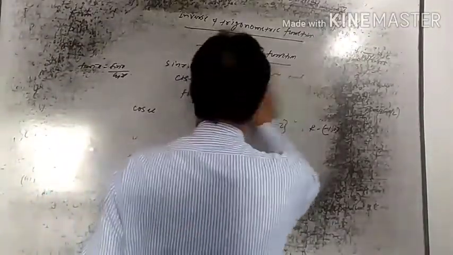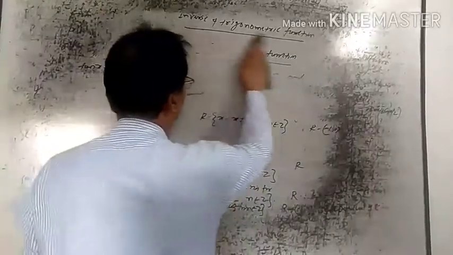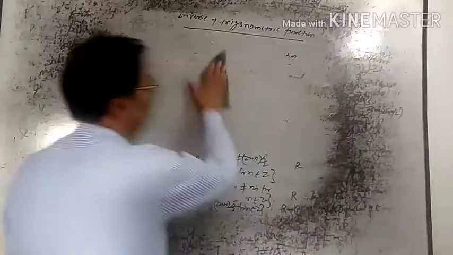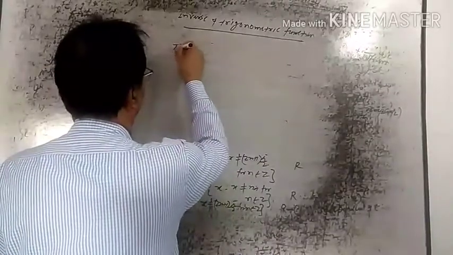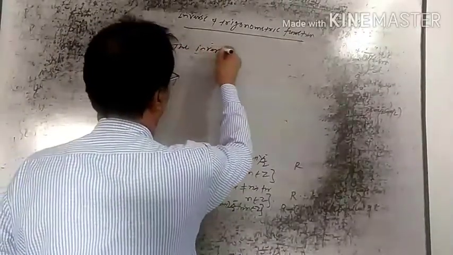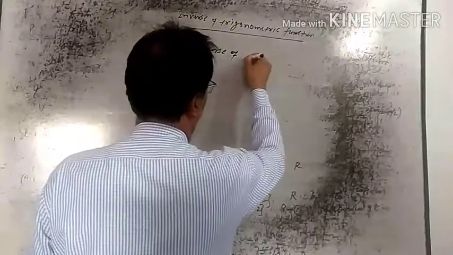The inverse of trigonometric function is called inverse trigonometric function or inverse circular function.